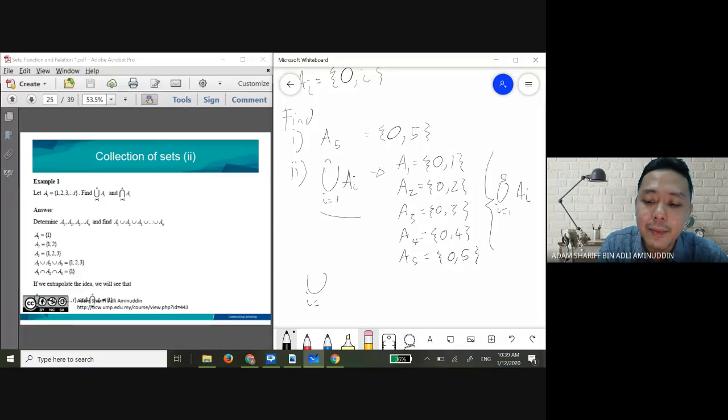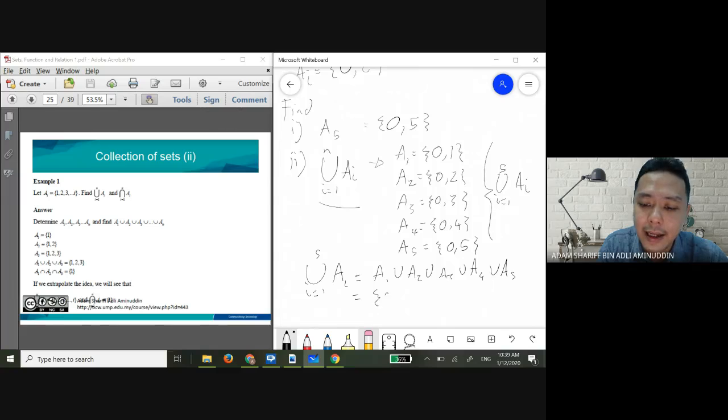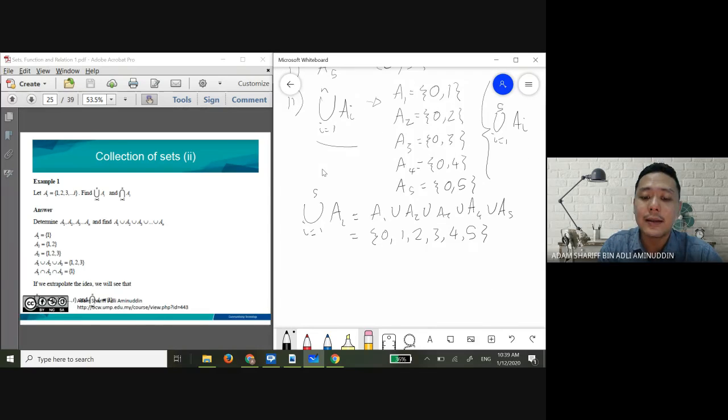Sebab korang dah nampak sini, bila you all dah represent as a roster notation, korang akan nampak jawapan dia direct. Korang boleh tulis slow-slow dulu kat sini, tetapi korang boleh nampak dia adalah {0, 1, 2, 3, 4, 5}. Okay. Tetapi soalan asal, the original question is until n. Okay, until n. So, saya padam balik.